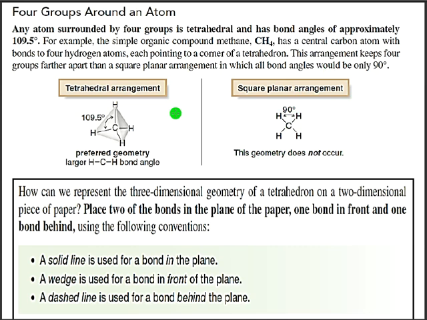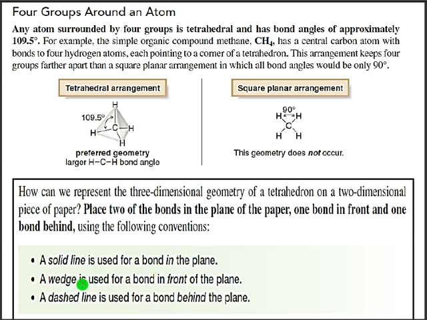And here, how can we represent the 3-dimensional geometry of a tetrahedron on a 2-dimensional piece of paper? That means how can we understand the tetrahedral geometry on paper, how can we draw this geometry on paper. Now we have a solid line. A solid line is used for a bond in the plane, the bond on the paper.